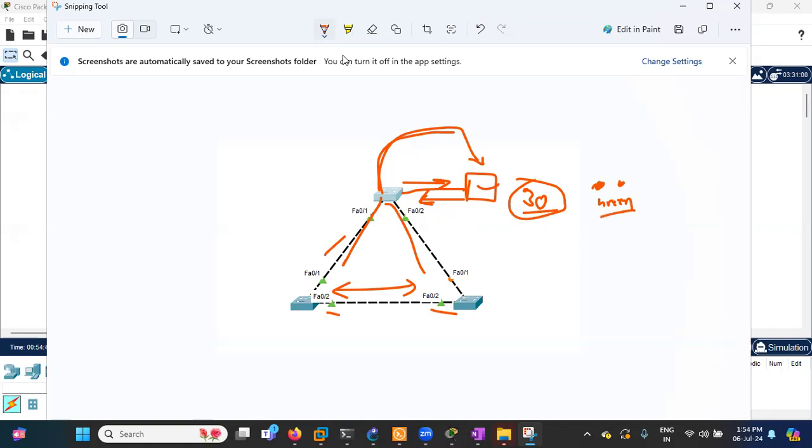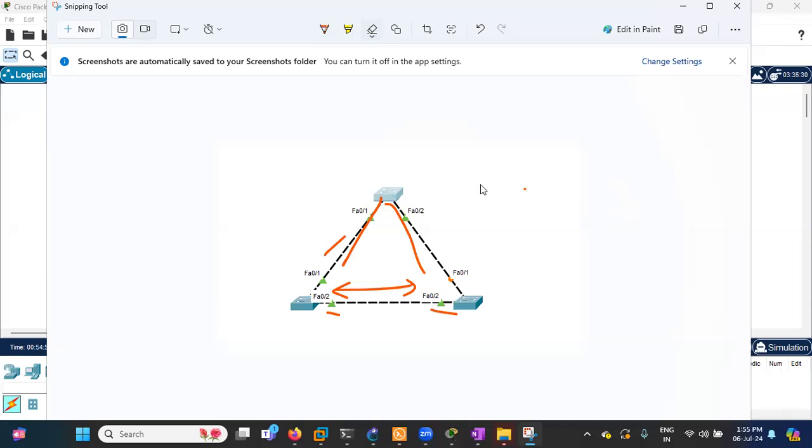The added switch will generate the BPDU message to switch one, right? Now we are adding one external switch to switch one. And then the additional switch will generate the BPDU message to switch one. Definitely, it will claim.